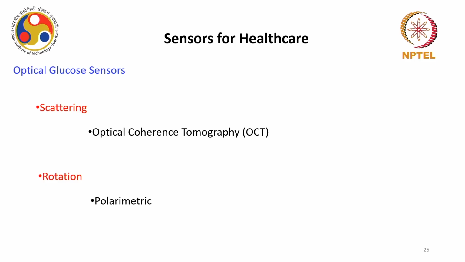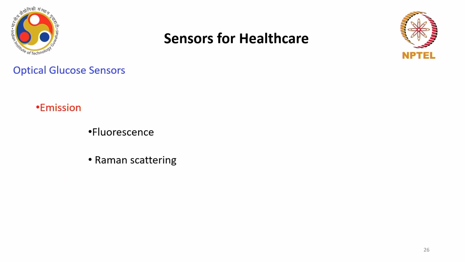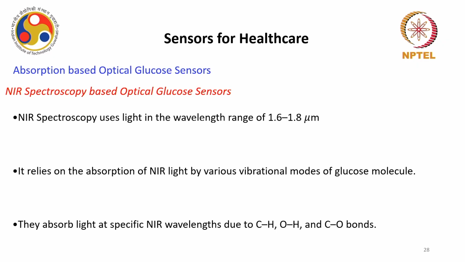Then based on the rotation of the molecules, you have the polarimetric glucose sensors. Okay. Based on the emission, you have fluorescence and Raman based devices, and based on diffraction, you have holographic sensors. Okay. So, let us quickly see about the near infrared spectroscopy based glucose sensor.